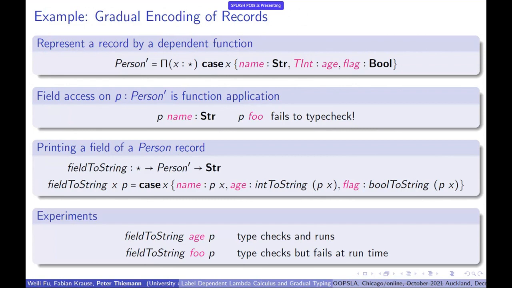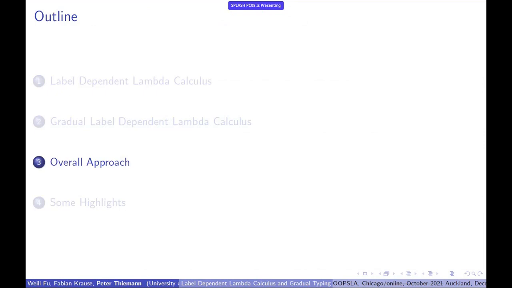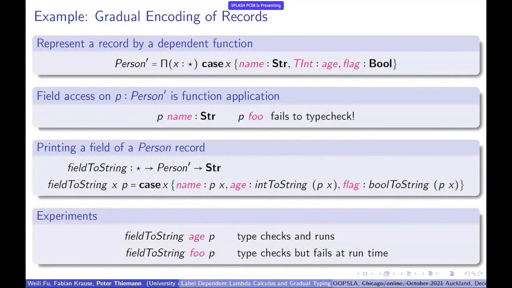Okay. Yeah, but the thing is, at that level, you know that this is a star, and you know this has this type pi star to this case. So it's not yet clear that you're going to apply this function to this argument. As soon as this becomes obvious, like here, then the type checker can find it out.